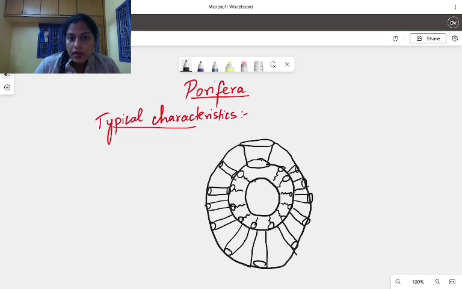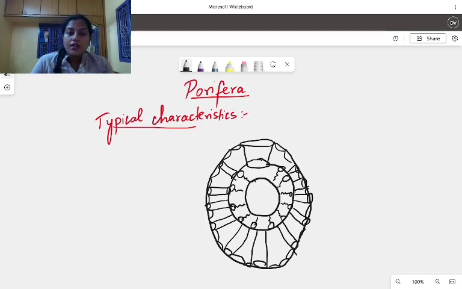And apart from that, other cells like this. So this is how a cut section of a poriferan would look.